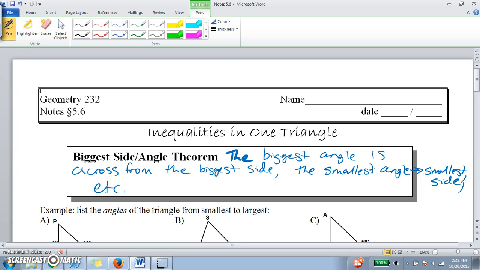So the medium angle is obviously across from the medium side, and this also goes both ways, so also vice versa. Okay, so the smallest side is across from the smallest angle, biggest side is across from biggest angle, medium across from medium.